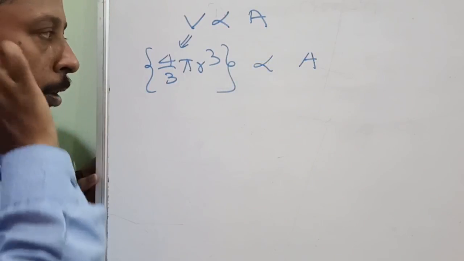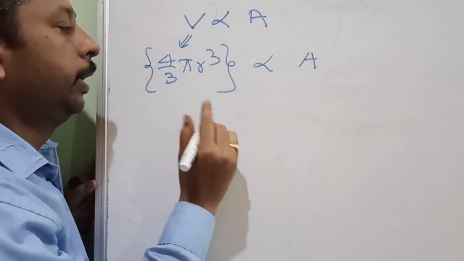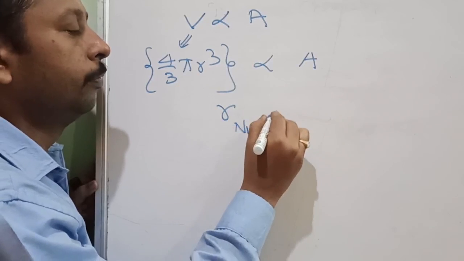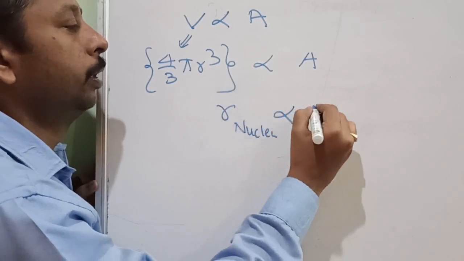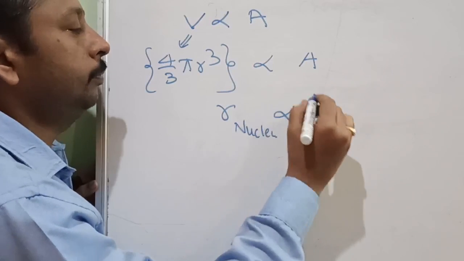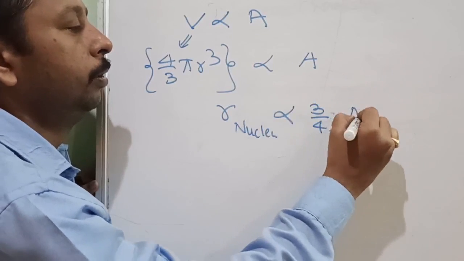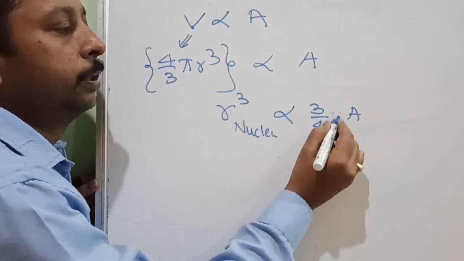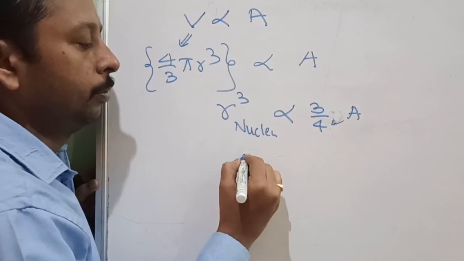Is it understood? So we want that radius of nucleus r cube is directly proportional to 3 by 4 pi into A. This is some constant only, you need not write.